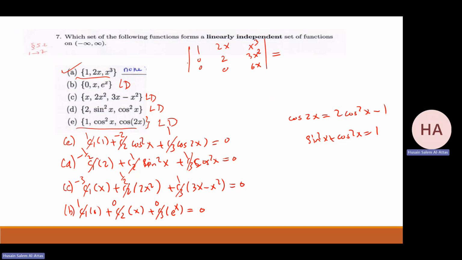That gives me this determinant: 1, 0, 0, 2x, 2, 0, x cubed, 3x squared, 6x. That gives me 12x.